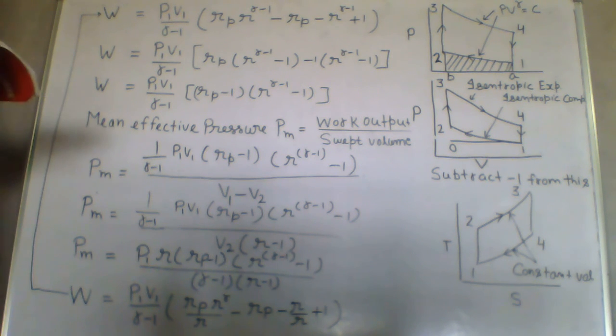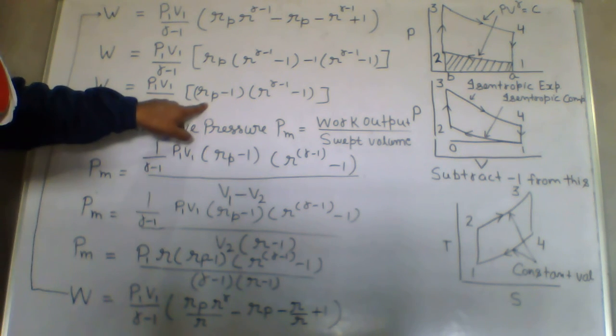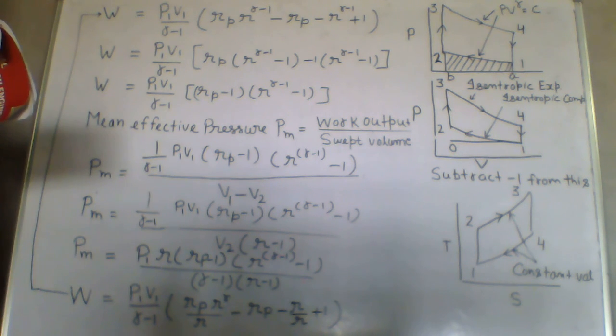Thus it can be seen that the work output is directly proportional to pressure ratio. You can clearly see that work output is directly proportional to pressure ratio. The mean effective pressure, which is an indication of internal work output, increases with a pressure ratio at a fixed value of compression ratio and ratio of specific heat.